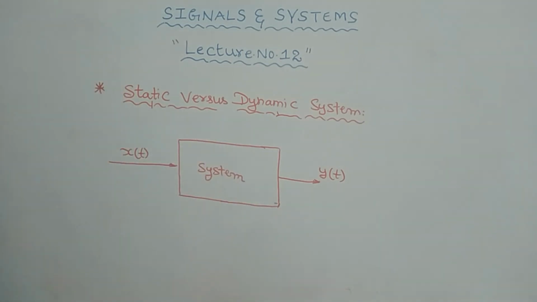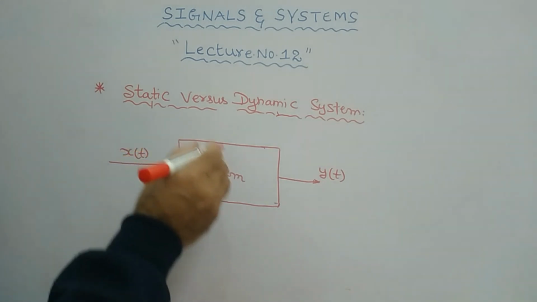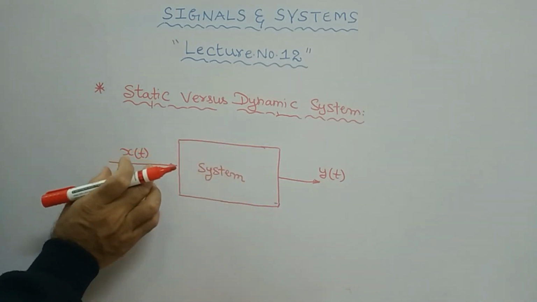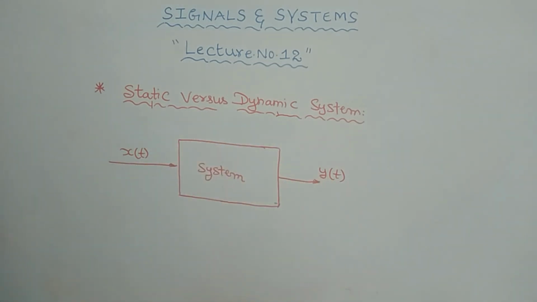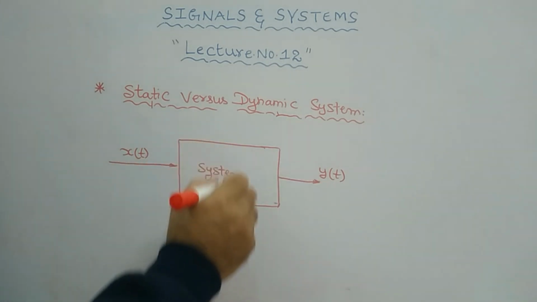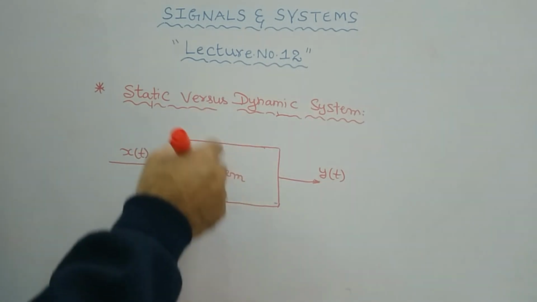What does static mean? Let us say a continuous time system. Here, always remember that my input and output are both functions of continuous time only. Therefore, this system is called a continuous time system.